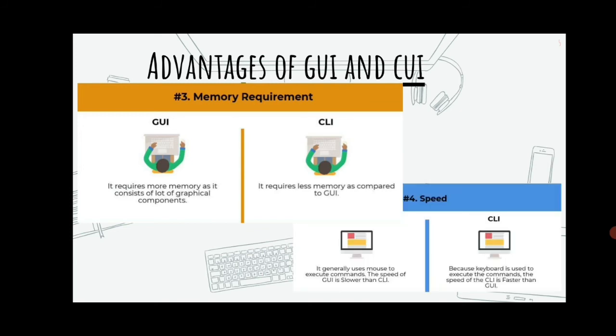Based on speed, the GUI generally uses mouse to execute commands. The speed of GUI is slower than CLI. In CLI, because keyboard is used to execute the commands, the speed of the CLI is faster than the GUI.